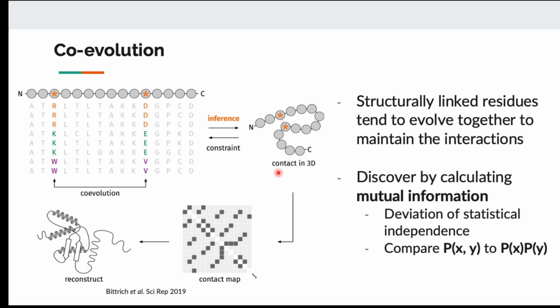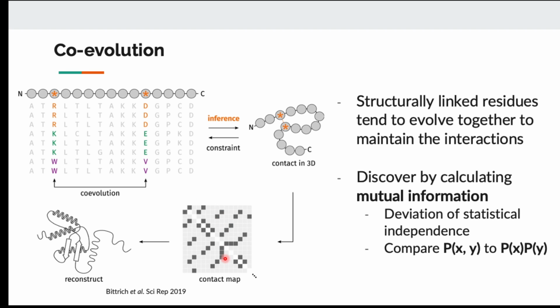So people found that by looking at many proteins across many organisms, they can computationally, by calculating this kind of score, identify pairs of residues that co-evolve. And they can use this information to guide the prediction of the protein structure. So now, instead of knowing nothing about the protein, we know that, okay, residue number 1 should be close to residue number 10.